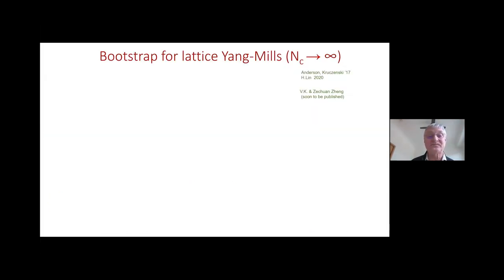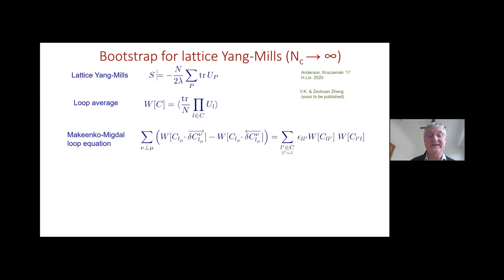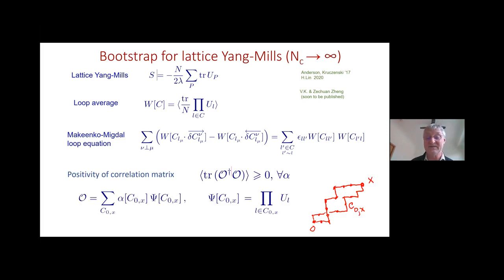Okay, now bootstrapping Yang-Mills quickly, because it's unpublished work by me and ZH1 Zeng, hopefully soon published. It's a follow-up of the pioneering paper of Martin and Anderson. I pass the introduction because it's precisely what Martin explained.